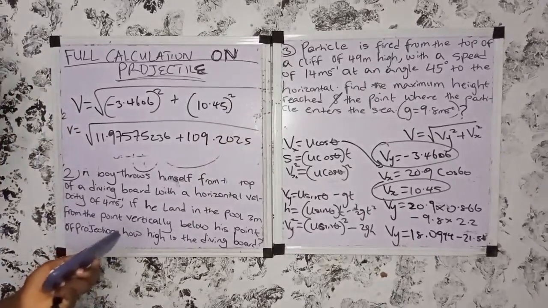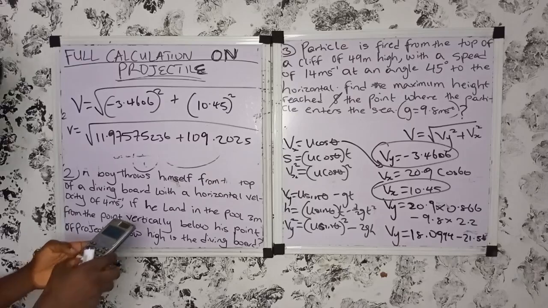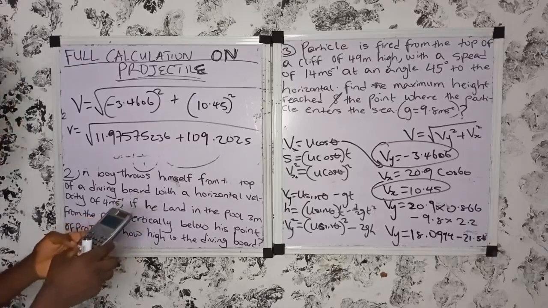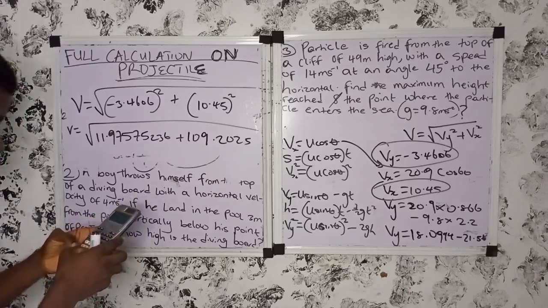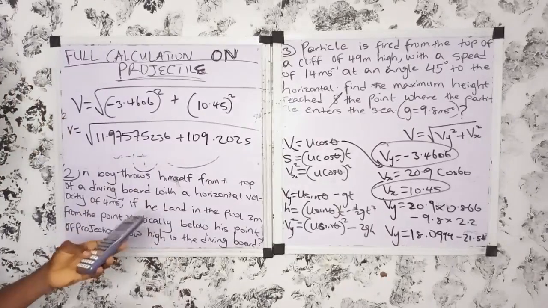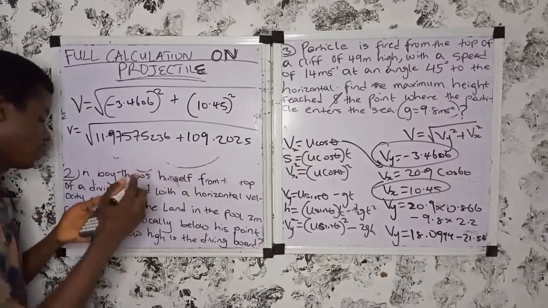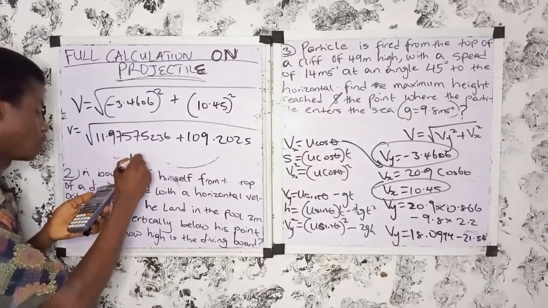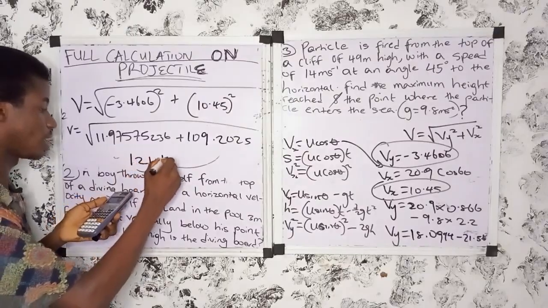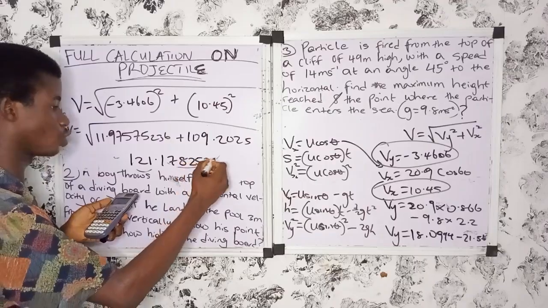If we add them, 11.97575236 plus 109.2025, we have 121.1782524.